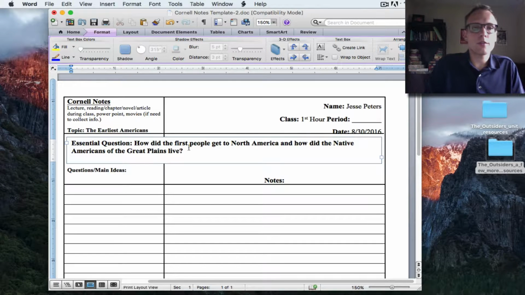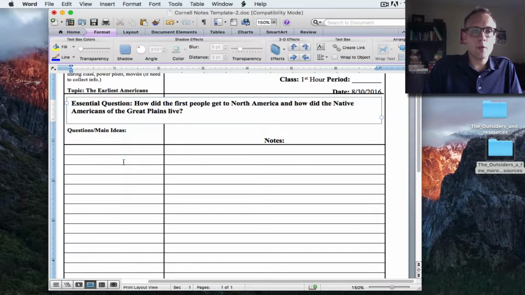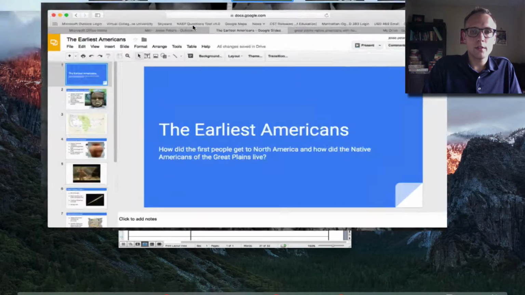So you know that this essential question is what you're focusing on with the notes, and you should be able to answer that in the summary portion at the end of this based on your notes. So don't worry about the questions, main ideas. We're going to focus on this portion that just says notes to start with. So let's get into that.